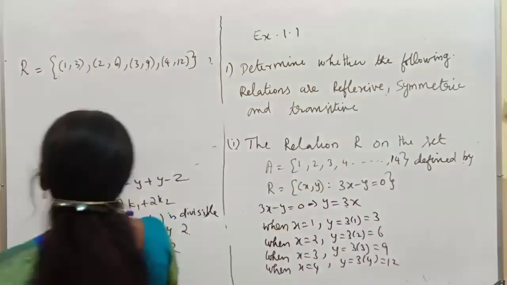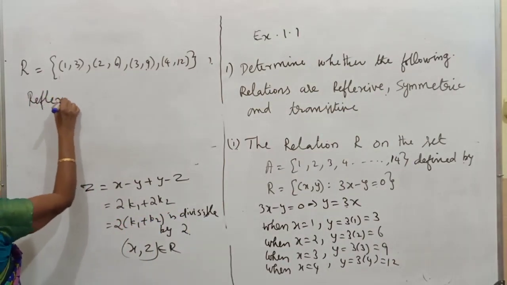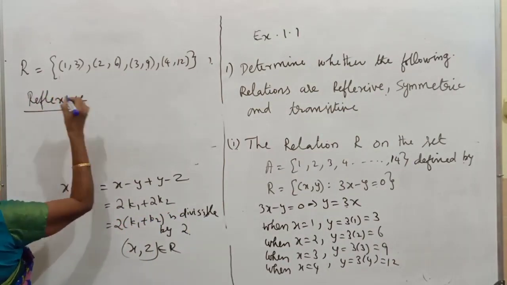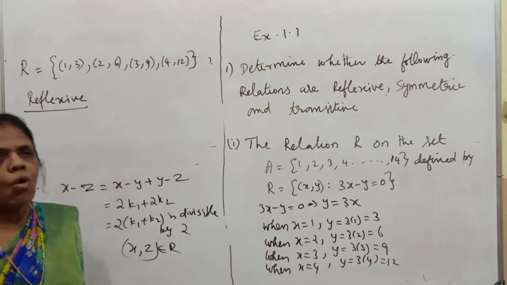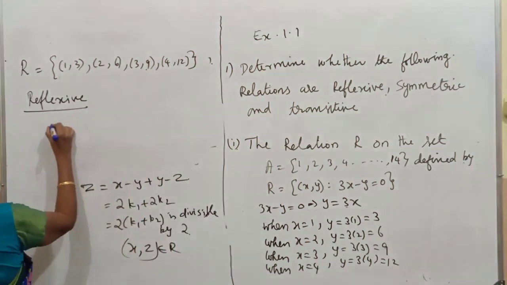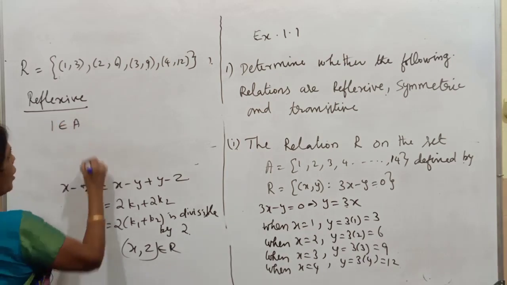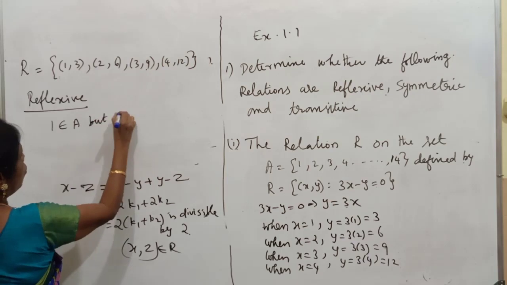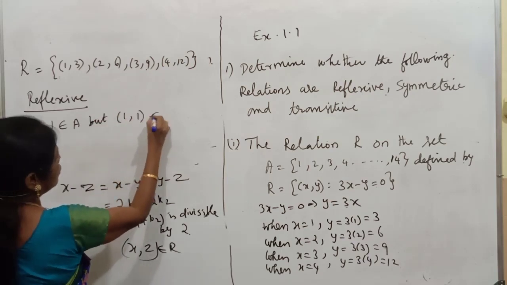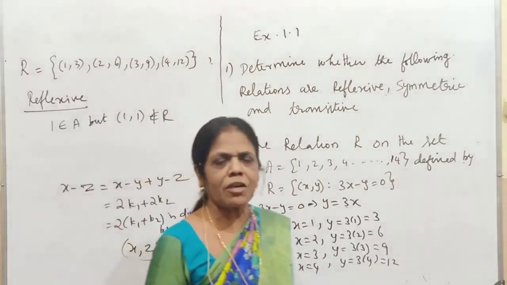Okay? Now, first we are going to check whether it is reflexive. I am going to take only one example. 1 belongs to the set A, but (1, 1) does not belong to R. What is the definition of reflexive?